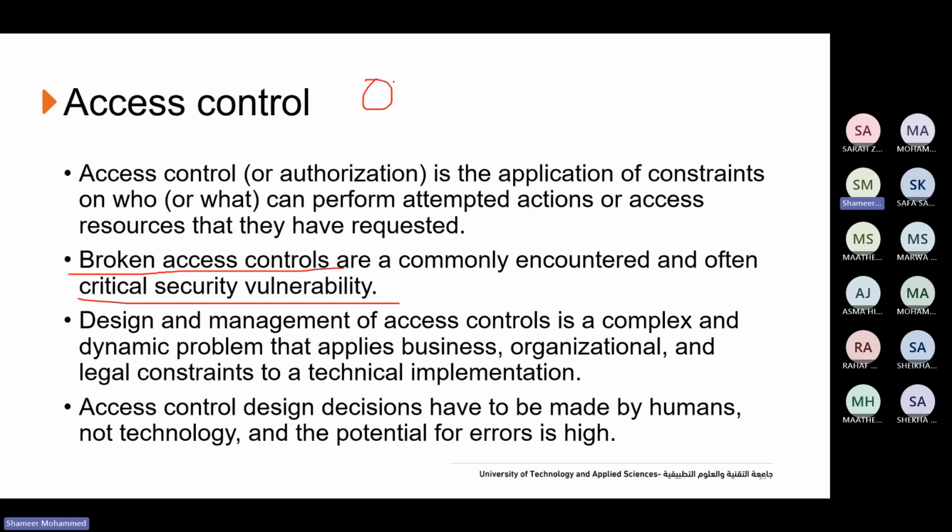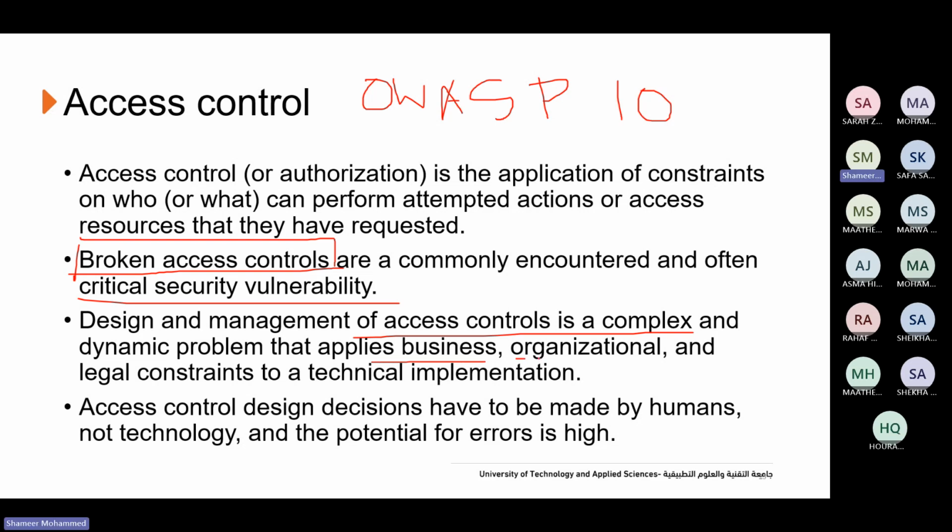OWASP, Open Web Application Security Project. In that, you have a list of 10 vulnerabilities. Under that, the topmost one is broken access control. Managing access control is a complex and dynamic problem for your business and organization, from legal constraints to technical implementation.